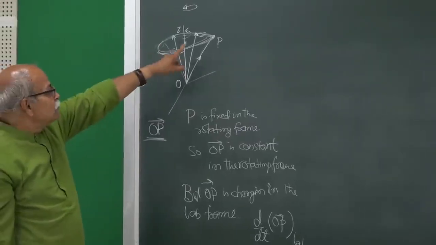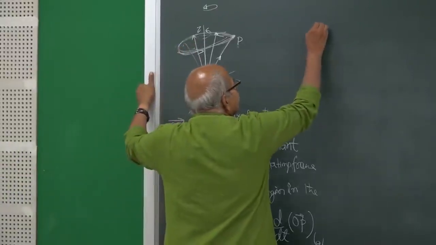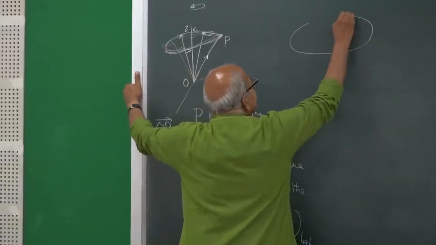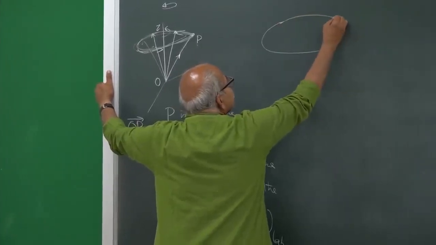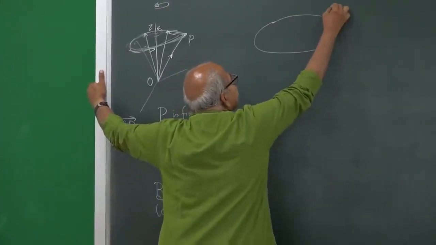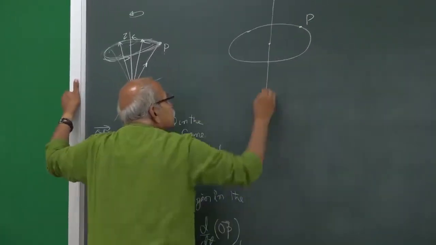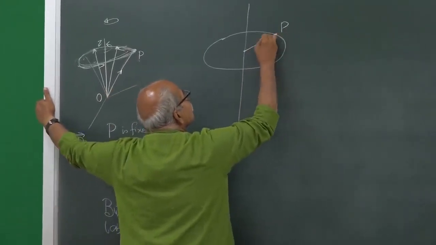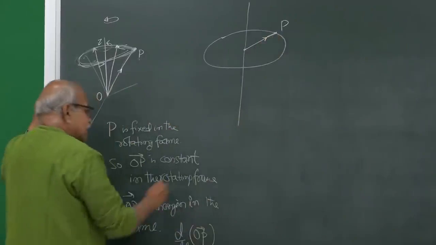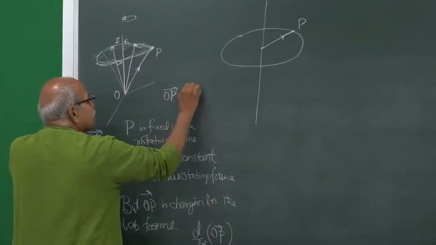Let me draw this diagram again. This is the path of that particle P. Let us say particle P is here at some instant, and this is the z axis, and this is the OP vector. Let me call it the A vector.